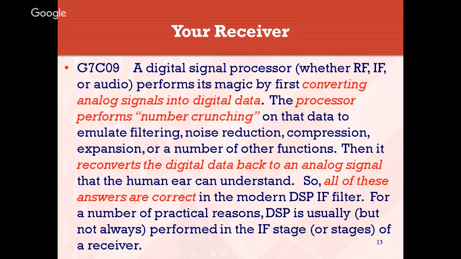At any rate, it then reconverts the digital data back to an analog signal that the human ear can understand. So when you get to this question, all of these answers are correct in the modern DSP filter. For a number of practical reasons, DSP is usually, but not always, performed in the IF stage or stages of the receiver.